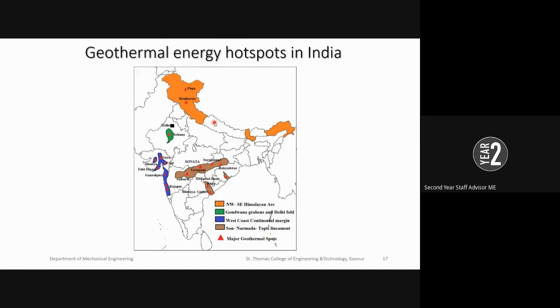Okay, coming back to the geothermal energy hotspots in India. While writing that particular points, you can add this also.